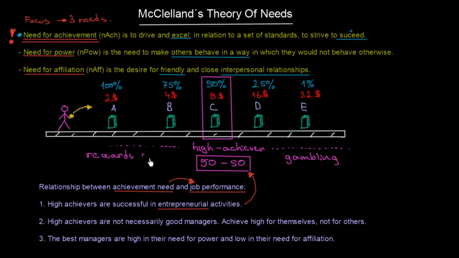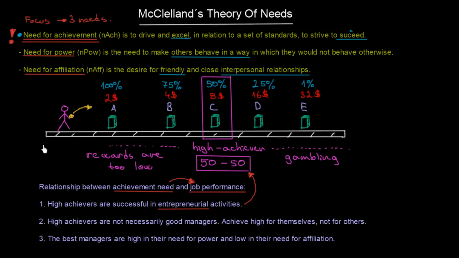Rewards are too low. Because this is really important to remember. So when such a person will try to set up, let's say, a company, he will neither go for too safe choices because the rewards are too low, neither will this person go for gambling because even if he would succeed, he would consider it was just luck that I succeeded.